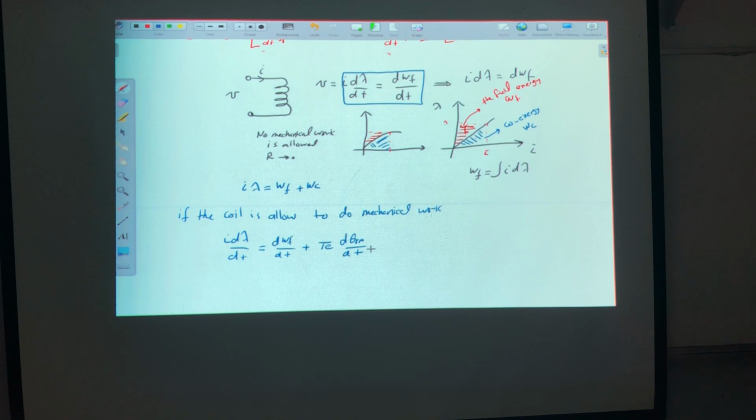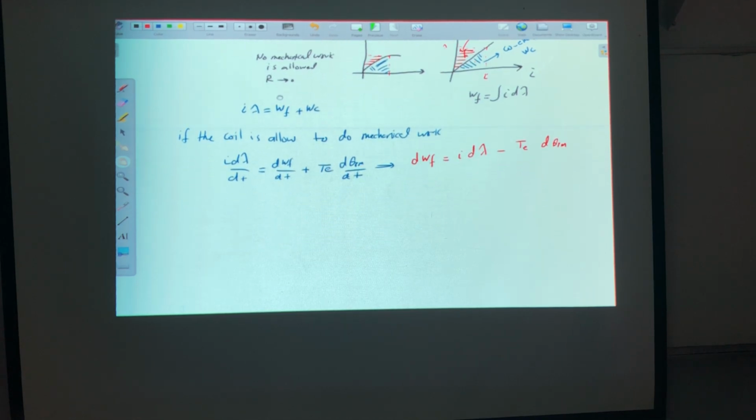So from here I can rearrange the equation and say that d omega f will equal i d lambda minus Te d theta Rm. Correct? Good.